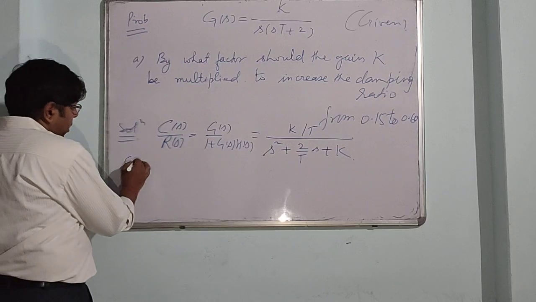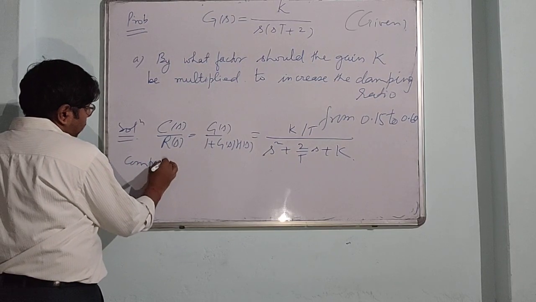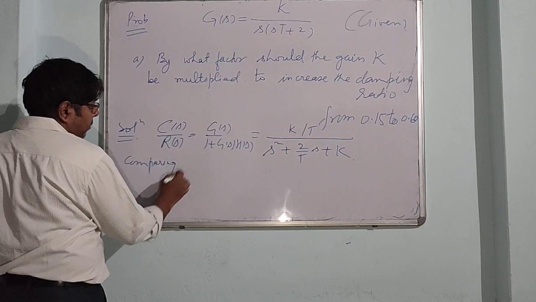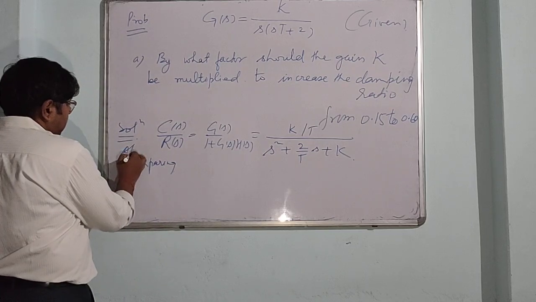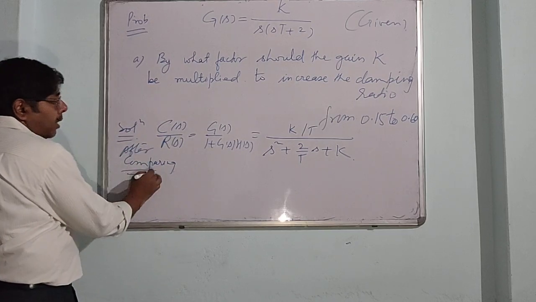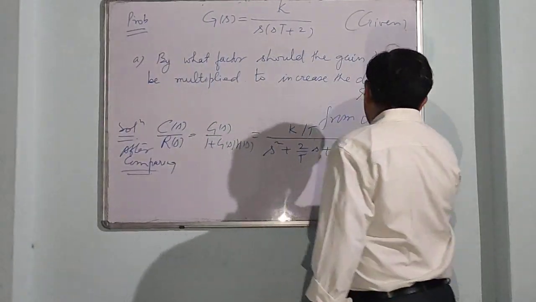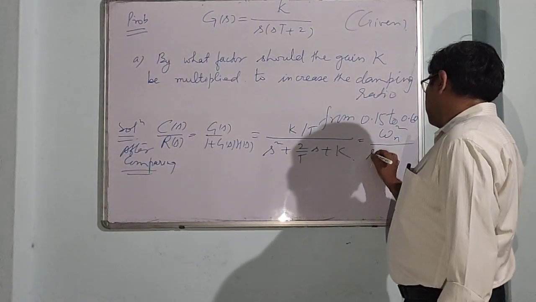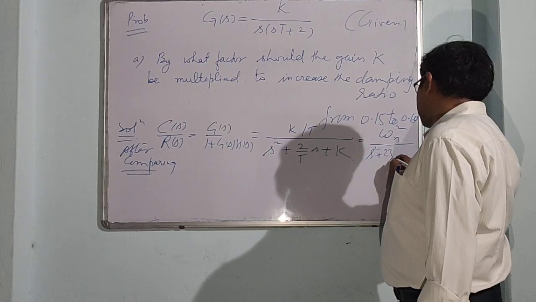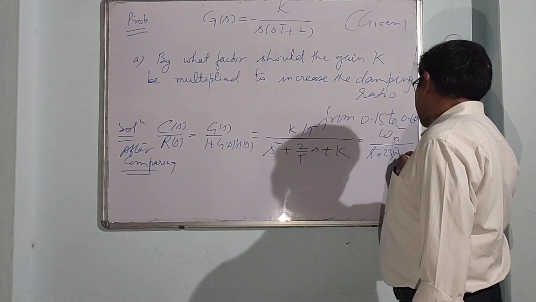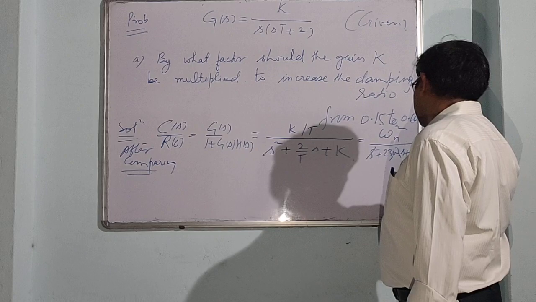And comparing with the standard form, which is omega n square upon s square plus twice zeta omega n s plus omega n square.